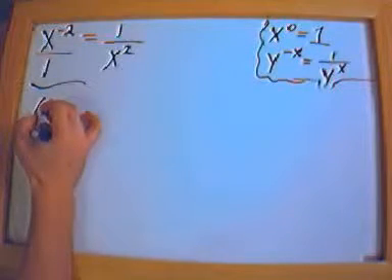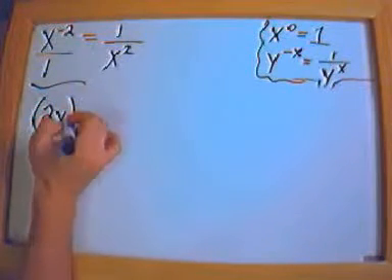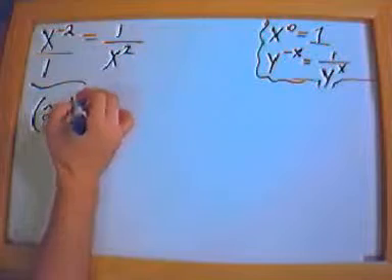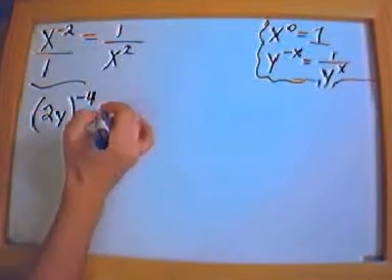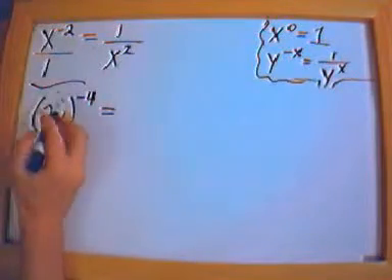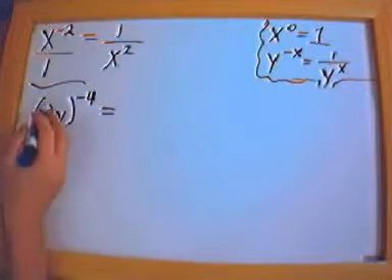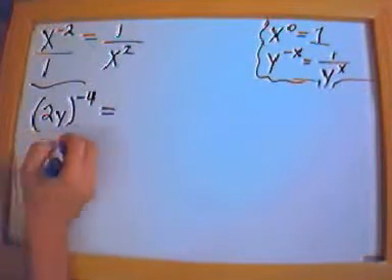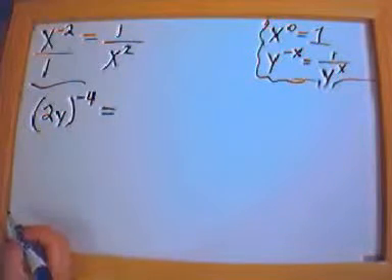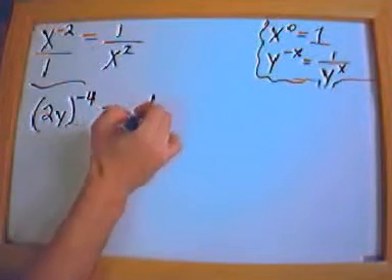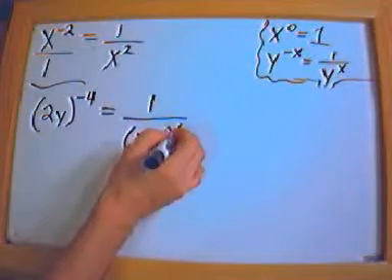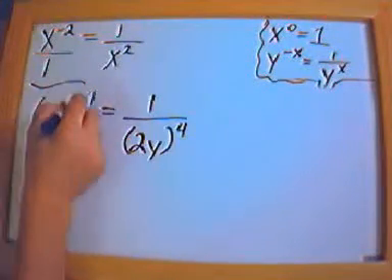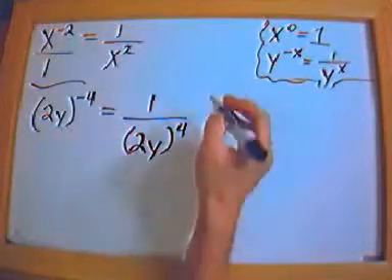Your job is to figure out if you should do it or not. Let's say I have 2y raised to the negative 4th power. Well, I've got some quantity raised to a negative power. It's currently upstairs because there's an implied divided by 1 here. So I can simply make this equal to 1 over 2y to the positive 4th power, and I can move it downstairs and make that positive.